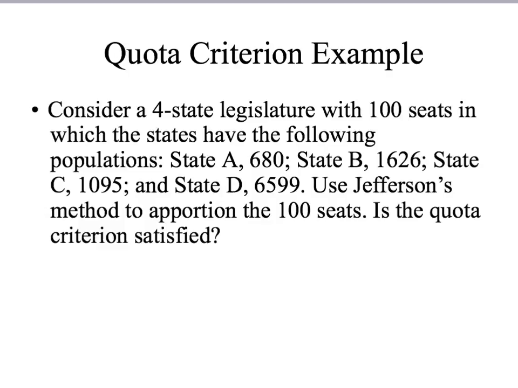Now, the quota criterion. We want to use Jefferson's method to apportion the 100 seats and find out if the quota criterion is satisfied. All right, so to start with, we need a standard divisor. If I add all these populations together, I'm going to get 10,000, and when I divide by 100, my standard divisor here is going to be 100. And then I also need some standard quotas.